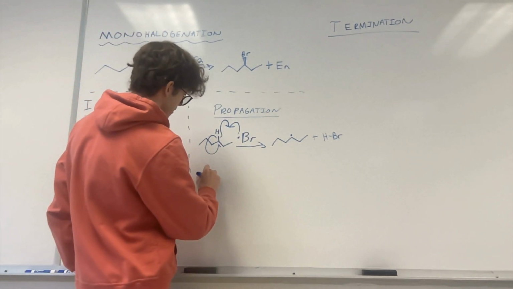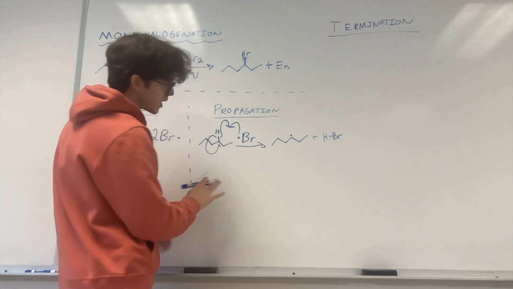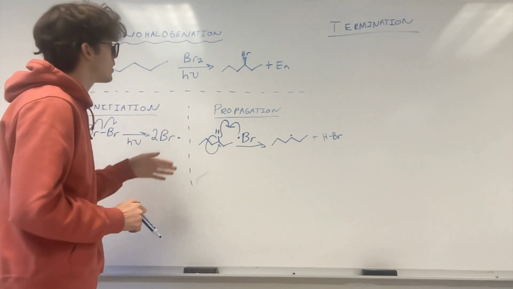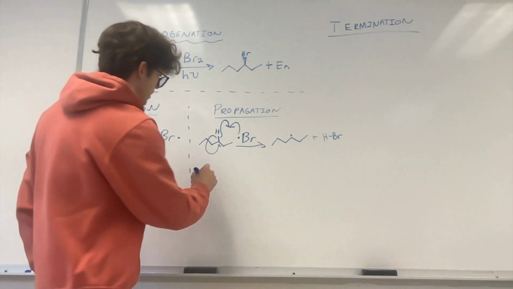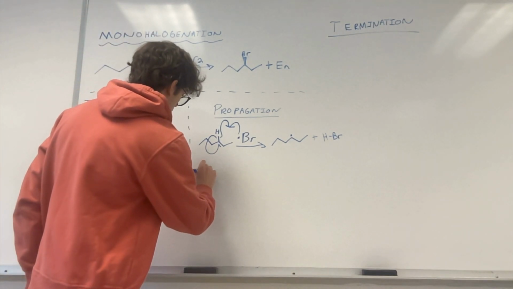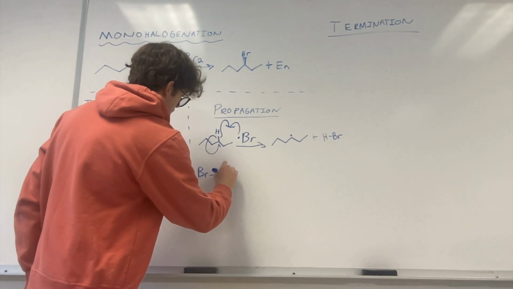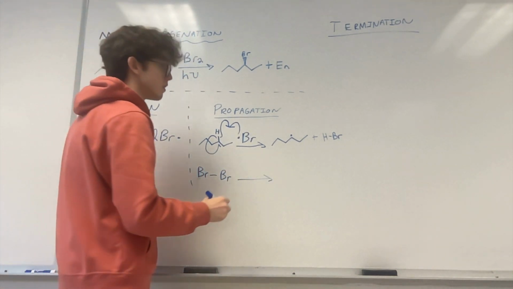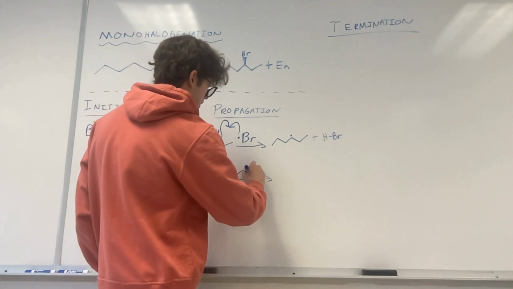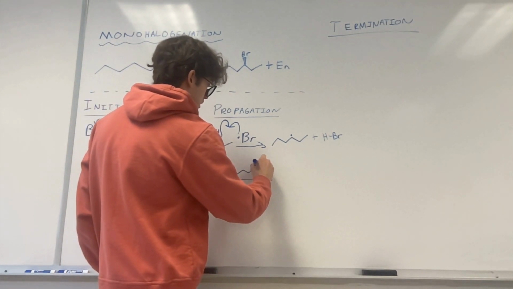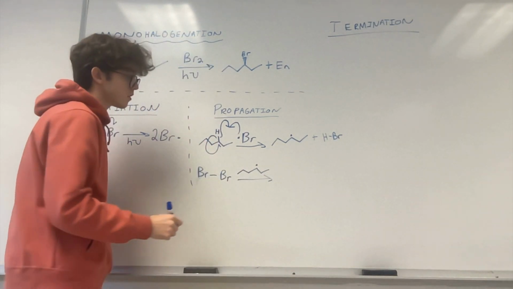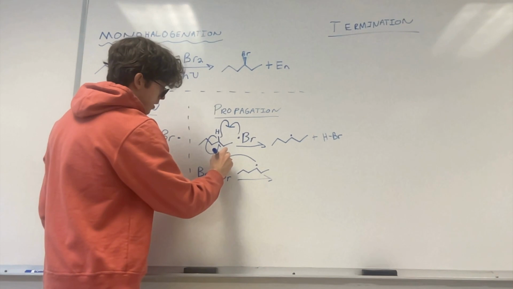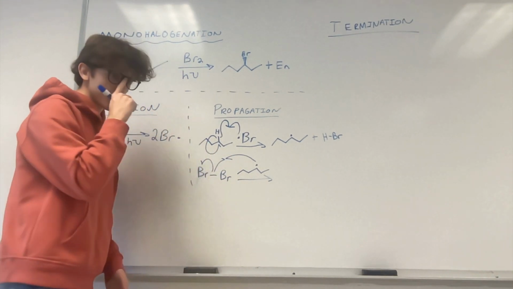So now what I like to do, which helps out, is for propagation steps, put your non-radical species as the reactant, and then on the arrow, put the radical species that's reacting. So in this case, we have our radical alkane, and it's gonna come over here and couple with a bromine and make another bromine radical.